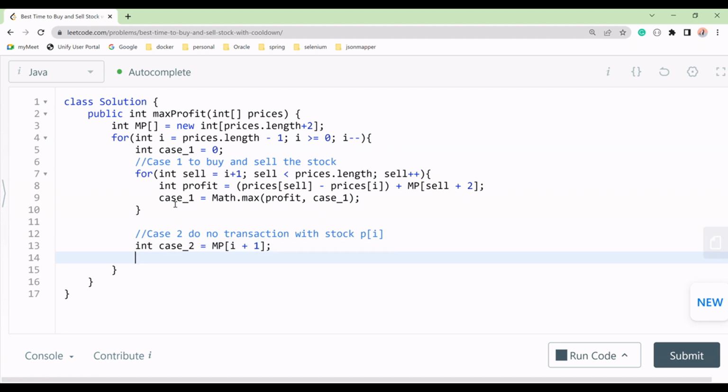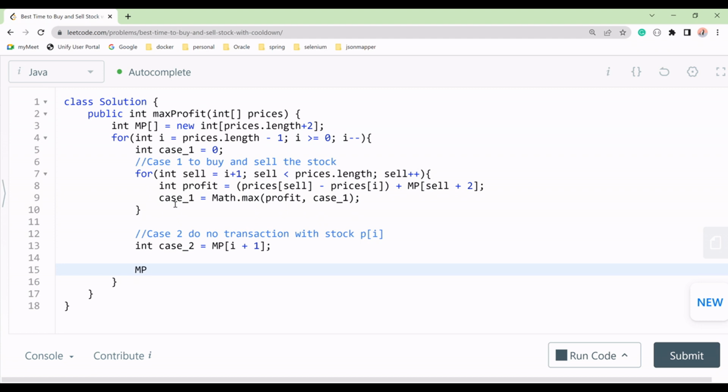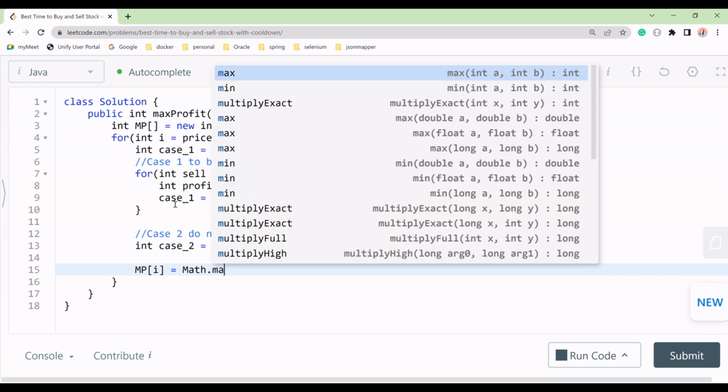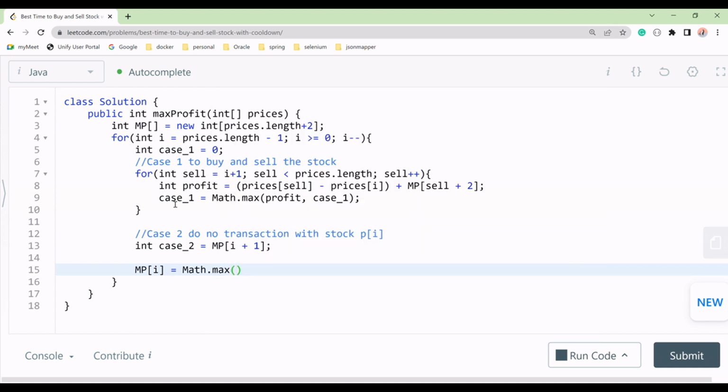Then we have to wrap up these two cases and make a combination, and see which one is max, right? This is memorization. So the MP of i that we have taken is nothing but Math dot max of case 1 and case 2.